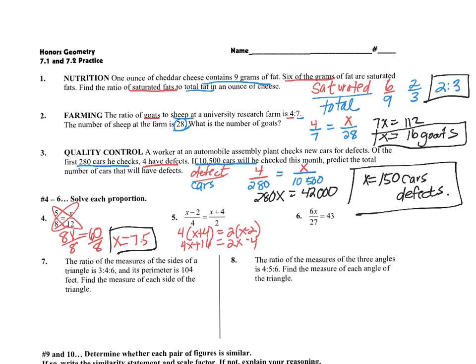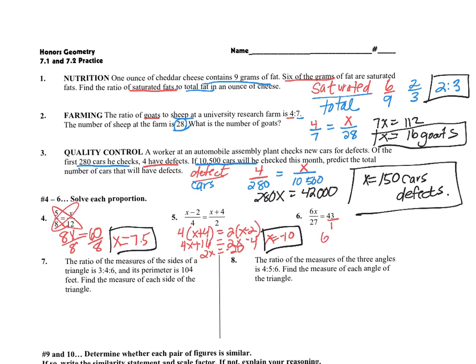And then we're going to move the 2x to the other side. That'll give me a 2x. Move the 16 to the other side. That's going to give me a negative 20. And when I divide that out, x equals negative 10. And then number 6, this 43 is like 43 over 1.